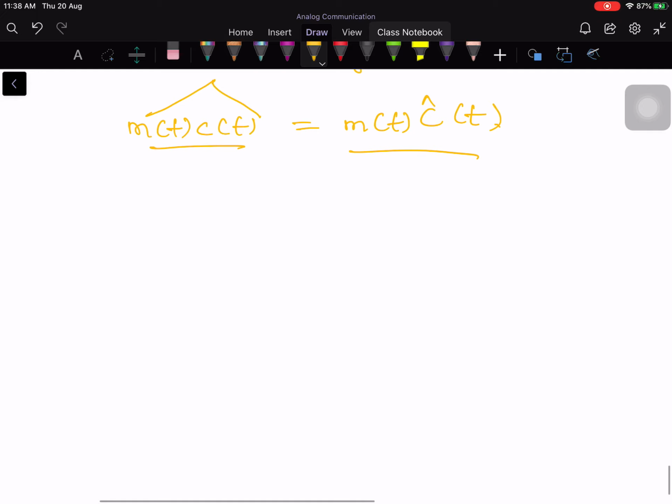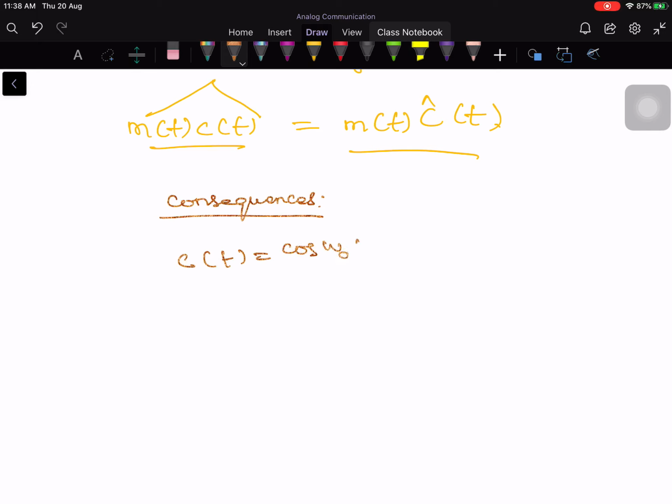So now there are some corollaries for this. There are certain things we can derive from this property, m of t times c of t. Let us assume c of t is some sinusoidal signal like cos of omega naught t, where omega naught is, let us say, a high frequency, let us say 550 kilohertz.